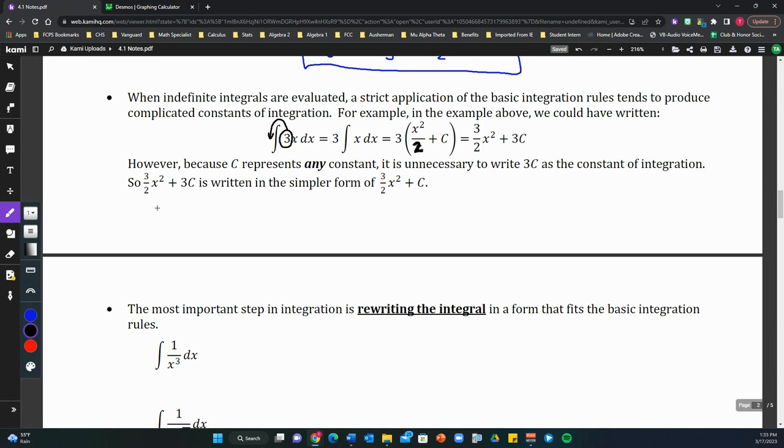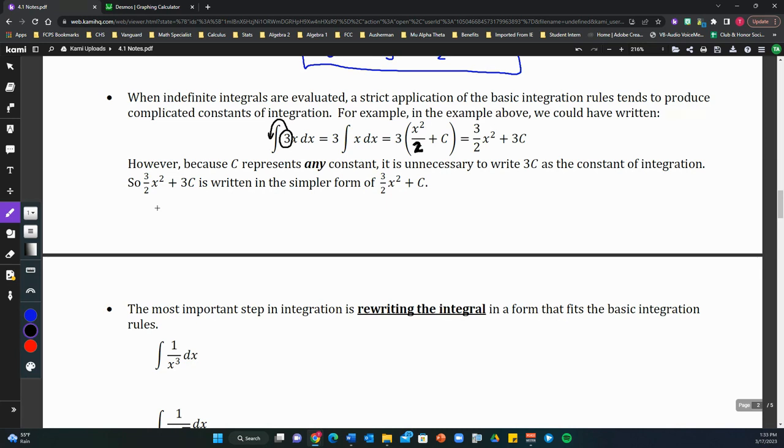But then when I distribute, this becomes 3 halves x squared plus 3 times whatever this constant is. But if you think about it, c represents all possible constants that can be added on there. Well, if you take 3 times any number, you're just going to get some other number. So we don't have to go through this process when we do these problems.